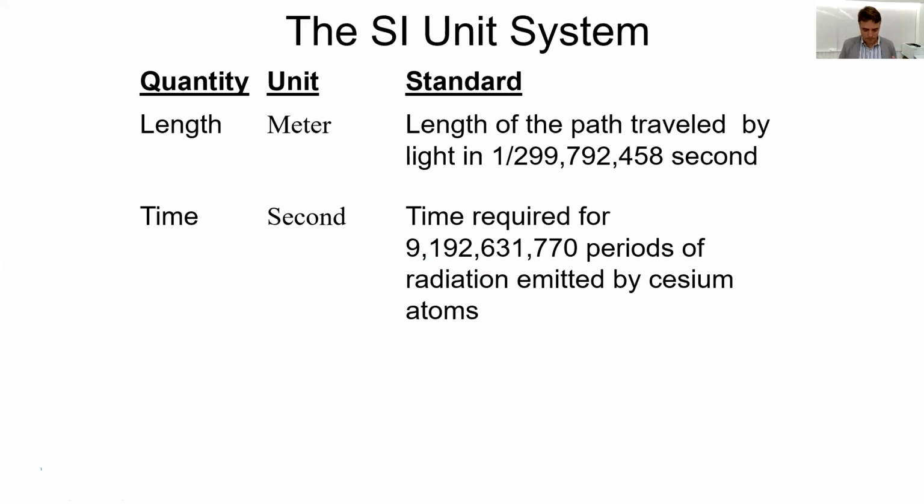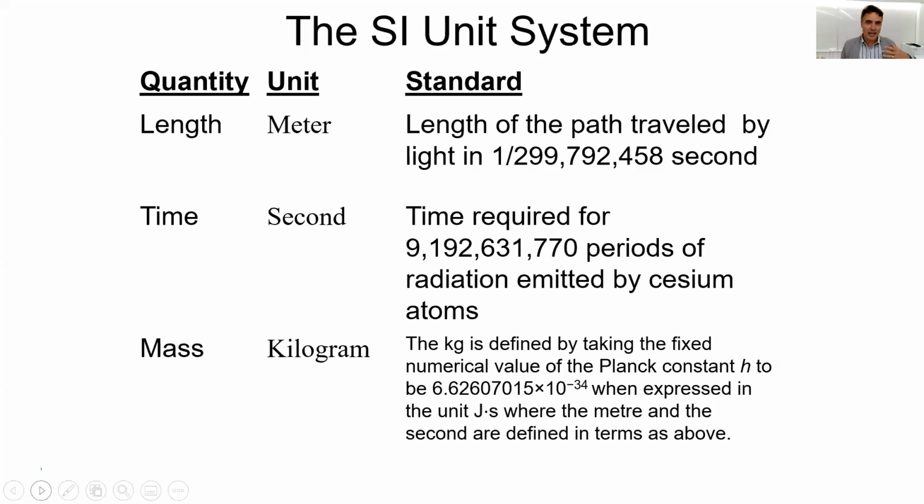Tied up with these, and it's a bit complicated because of Planck's constant, we have a definition for mass. The SI unit for mass is the kilogram, and the kilogram is defined by length and time and this special number called Planck's constant. You'd have to go to a Wikipedia page to get through the details, but that's not part of this course.